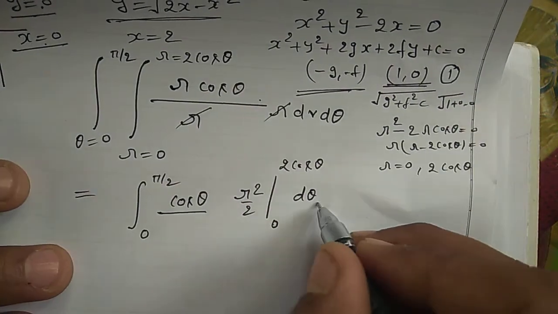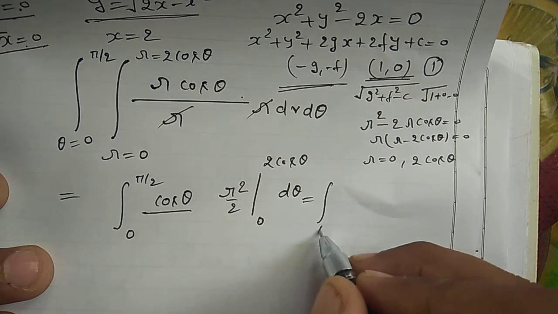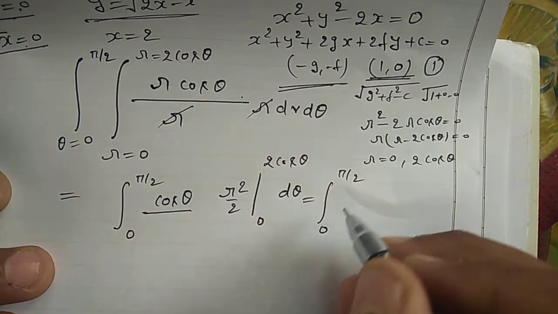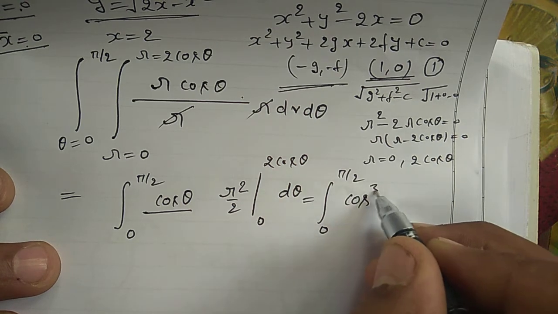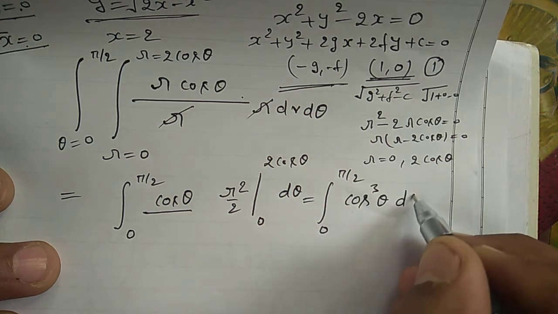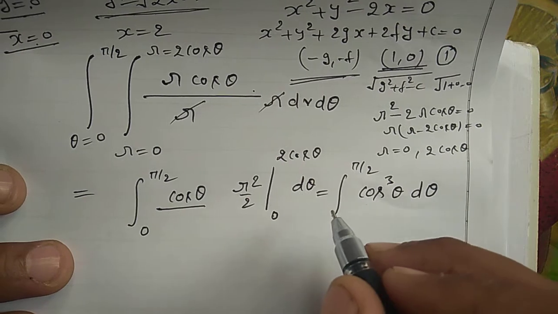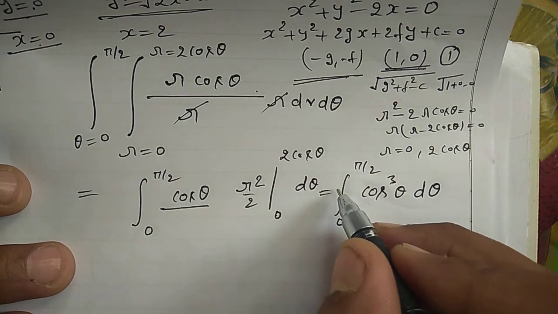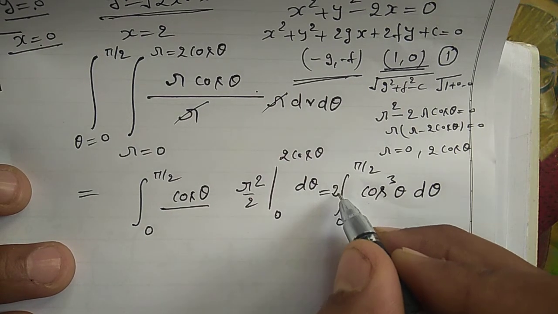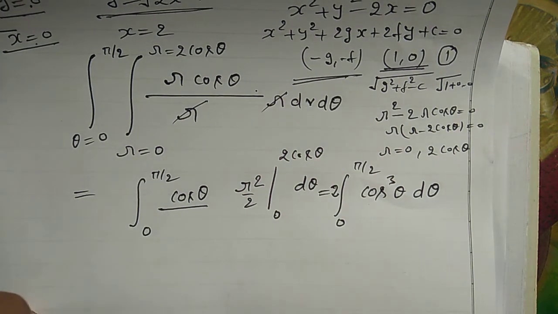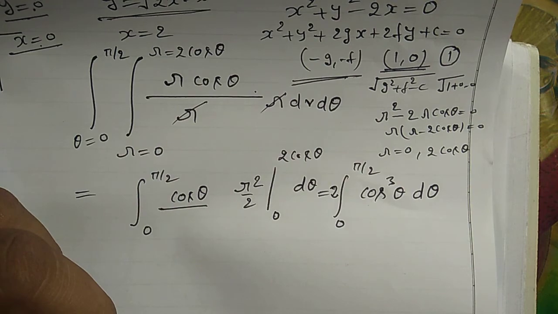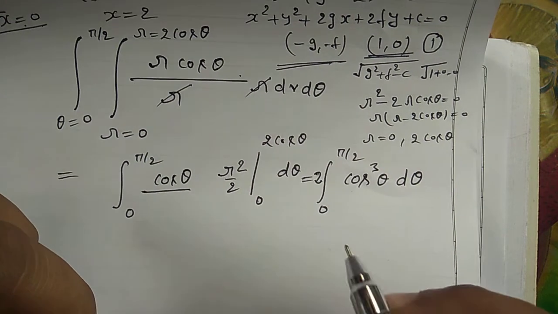So this will be the integral from 0 to pi by 2 of cos cube theta d theta into 2. That is 2 into the integration from 0 to pi by 2 of cos cube theta d theta.